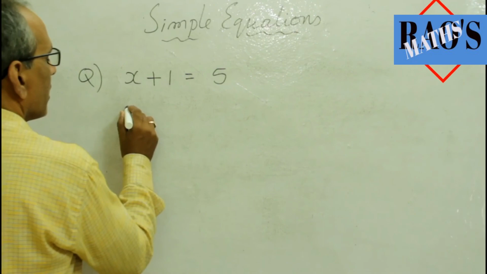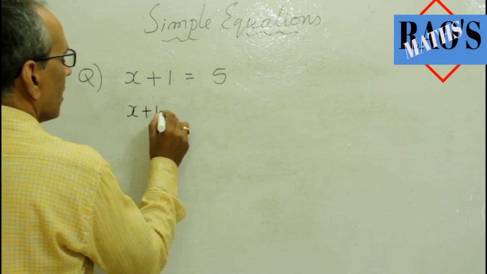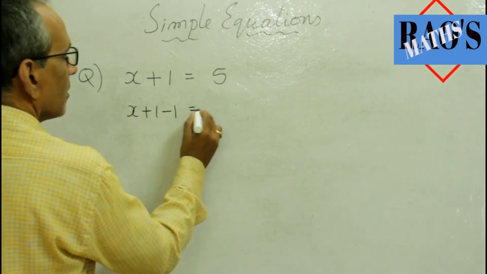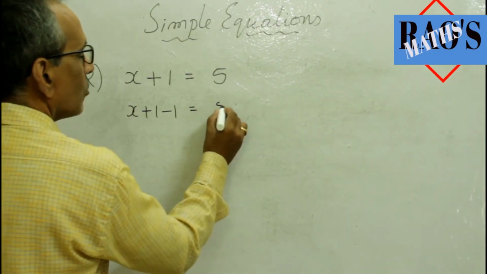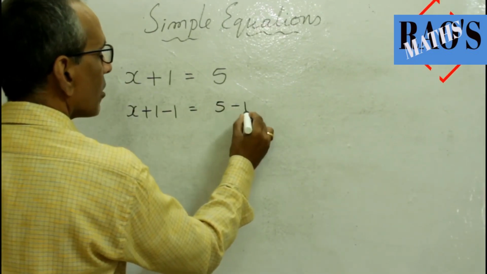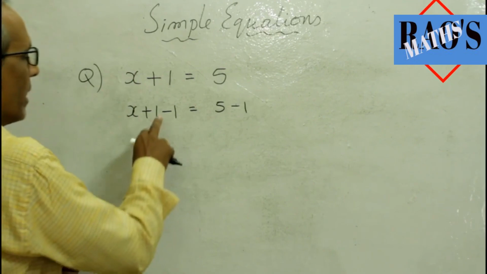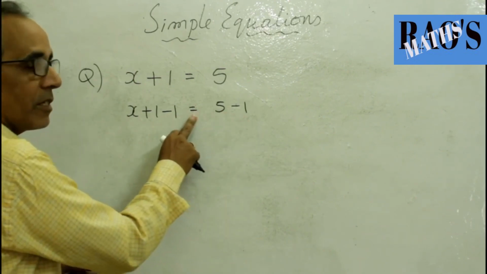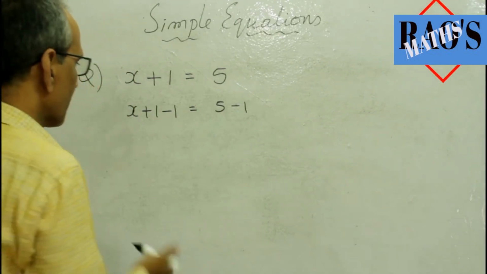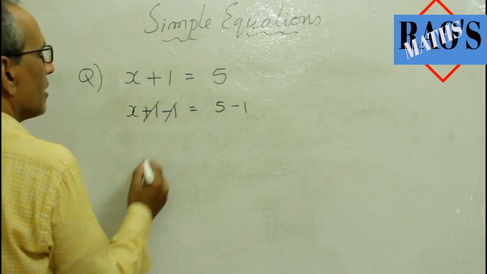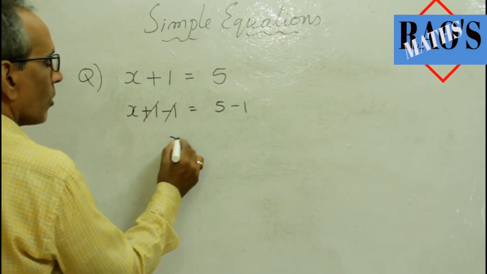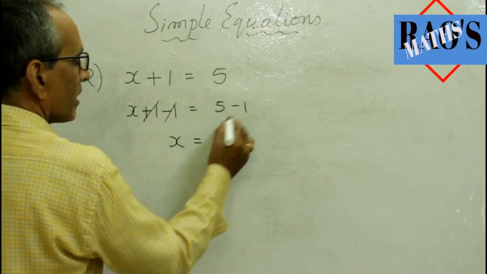So what I am doing here on the LHS, I am adding minus 1. To maintain the equality, do the same operation with the same value on the RHS too. So minus 1, then the equation holds the property of equality. Plus 1, minus 1, they neutralize each other, leaving behind only x, that is equal to 5 minus 1, which is 4.